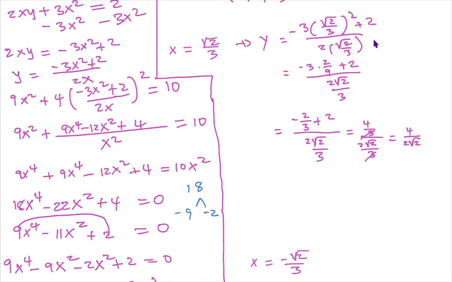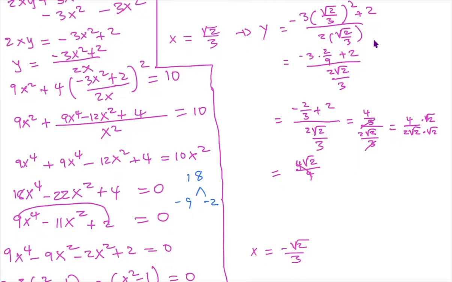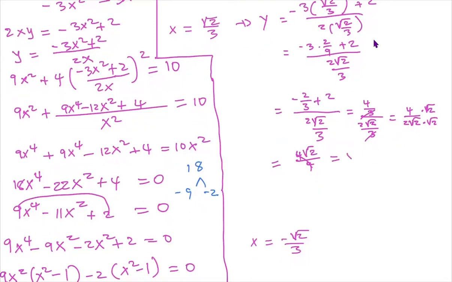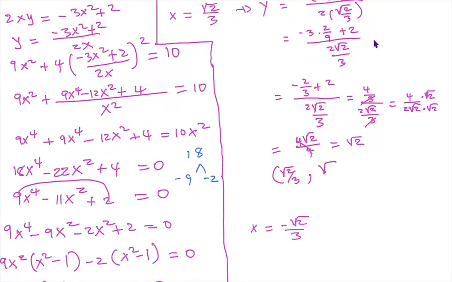If we multiply by square root of 2, then that is going to be 4 square root of 2 over 2 times square root of 2 times square root of 2, that's 2, so that's 4. And then 4 gets canceled. Then you got y equals square root of 2. We have a point that is x equals square root of 2/3 and y equals square root of 2.